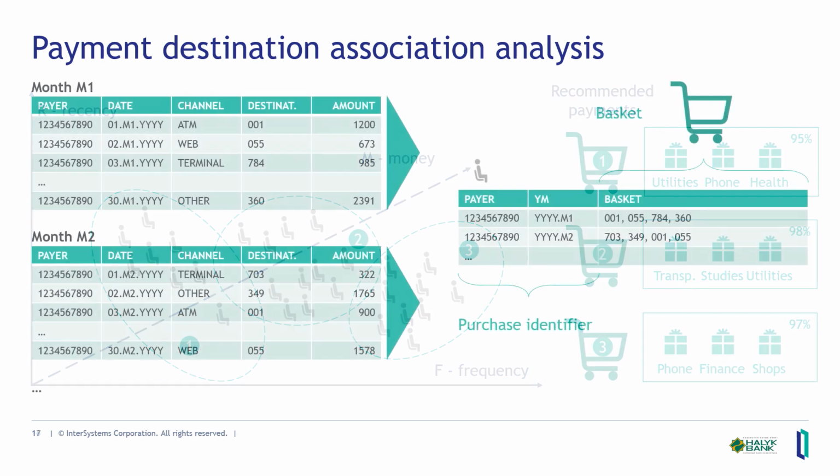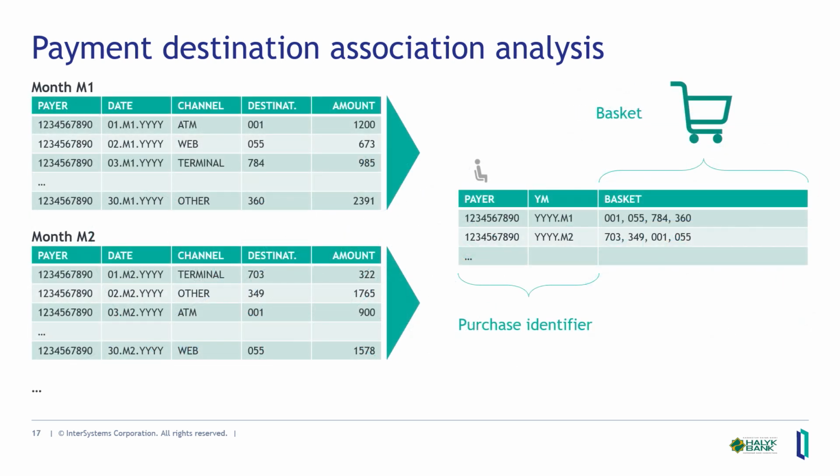So to arrive at those baskets, what we do is browse through the individual transactions. We had 12 million transactions in our training data set. We rebuilt it in such a way that for each individual payer, and for each individual transaction in terms of our analysis, where we have selected an individual month within an individual year, so that will be a transaction, we put together and list together all the payment destinations that are coded here as a basket.